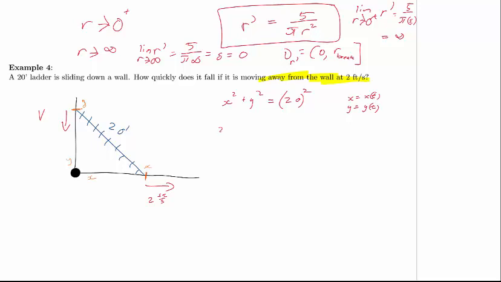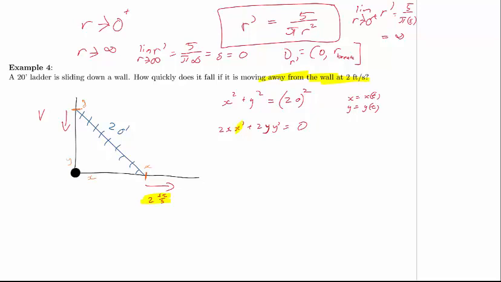We get 2x times x prime plus 2y times y prime. And then the derivative of 20 squared is 0. All right, so note there are some things that we already know. We already know the x prime. Right, that's this guy here. So that's going to come in right there.